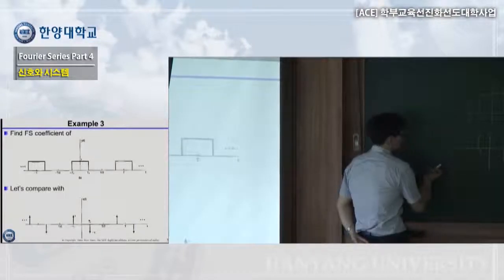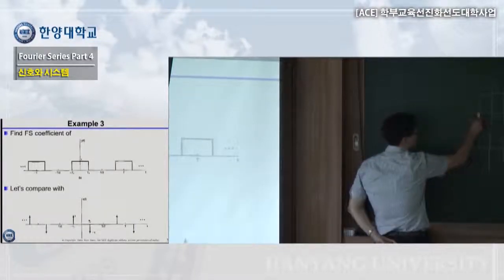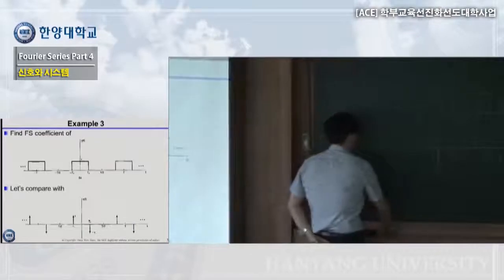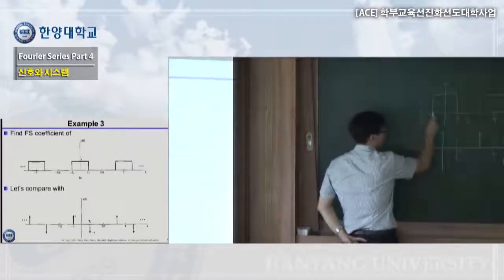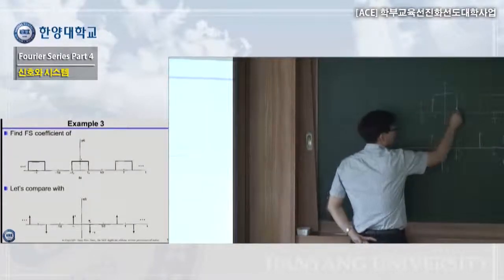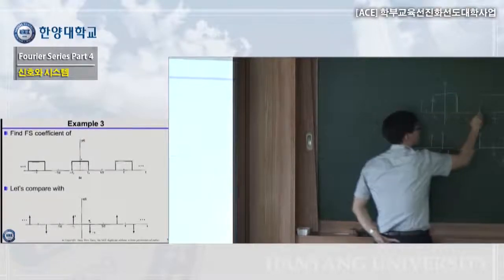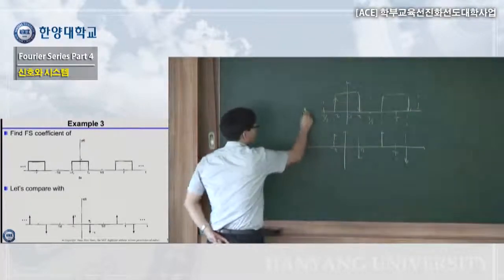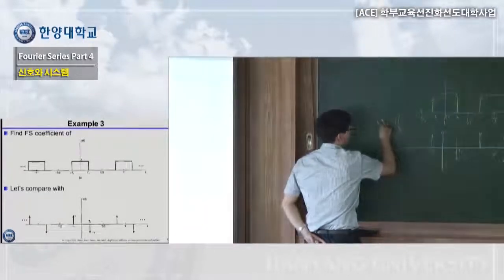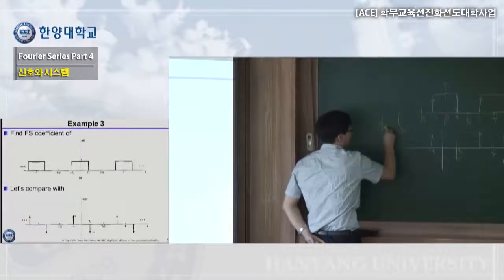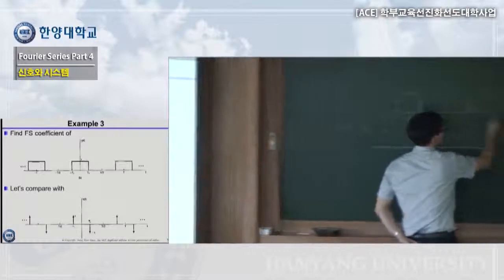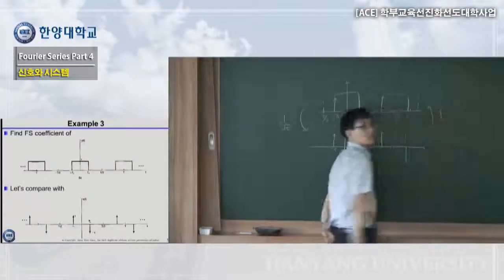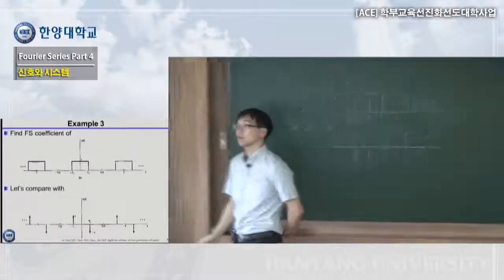You can consider the slope of this one. They go up, they go down, they go up, they go down. So from here to here, this is differentiation. From here to here, this is integration, right?